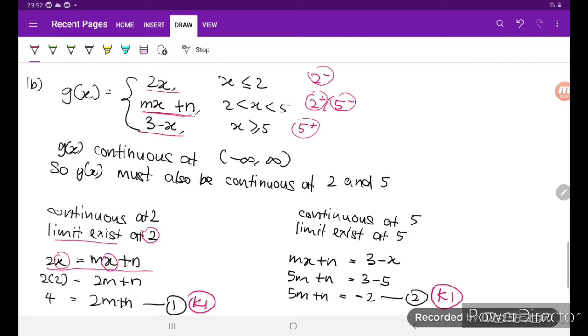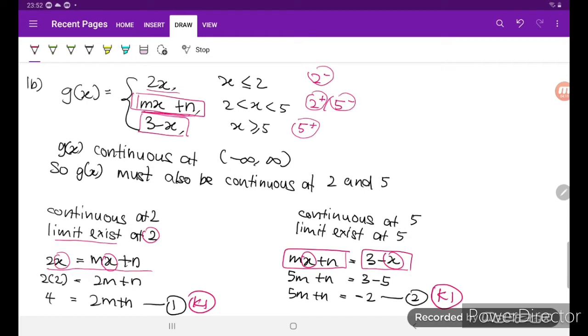Okay, so we have the second function is the same as the second function. And then we substitute 5 at both x. Here we substitute 5, here we substitute 5. Okay, because the limit exists at 5.